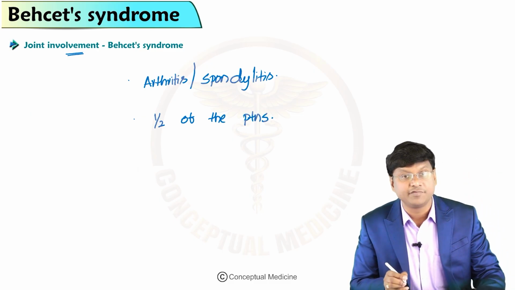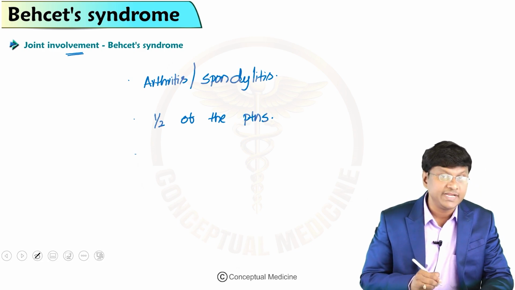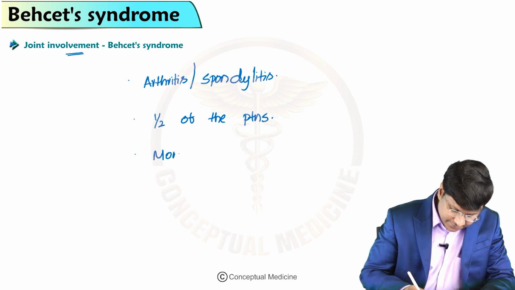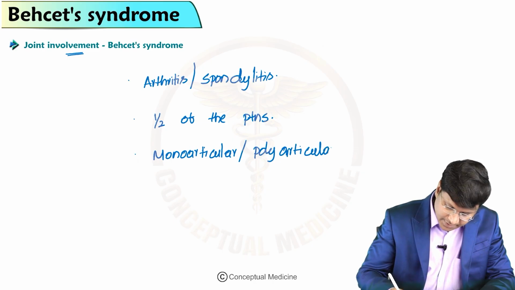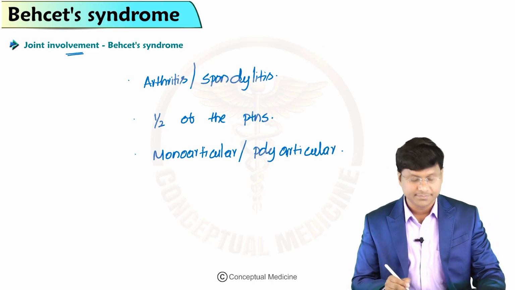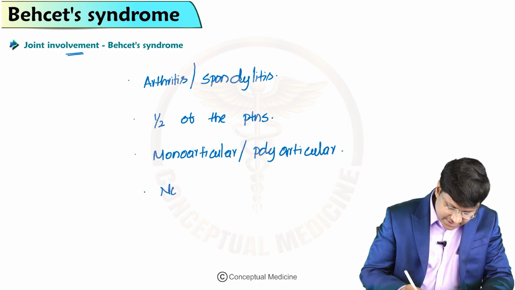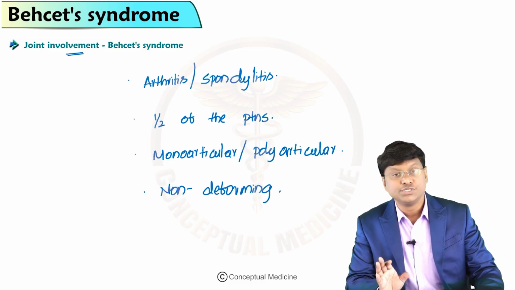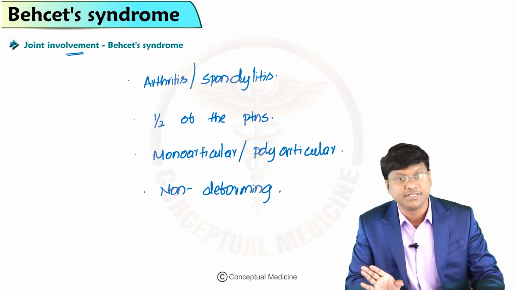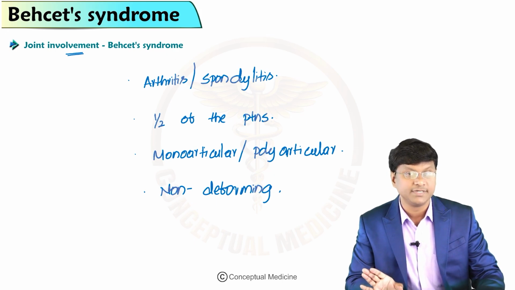This joint involvement may be monoarticular or polyarticular, and it is non-deforming in nature. That means you don't have deformities within the joints affected in patients with Behcets. So this is about the joint involvement.